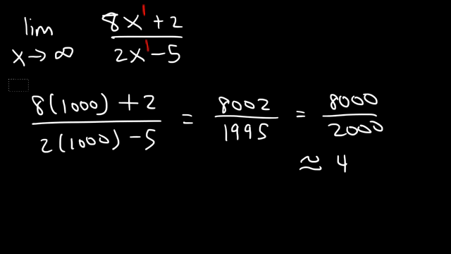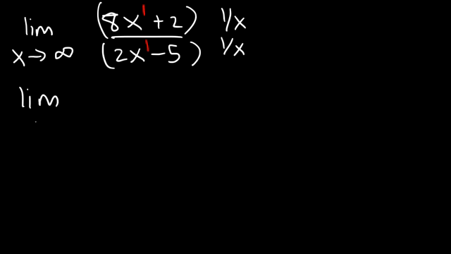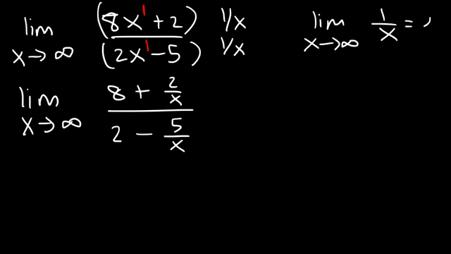Now, if you want to show your work, here's what you can do. Multiply the top and the bottom by 1 over x. So we're going to have the limit as x approaches infinity of 8 plus 2 over x divided by 2 minus 5 over x. And keep in mind the limit as x approaches infinity of 1 over x is infinity.